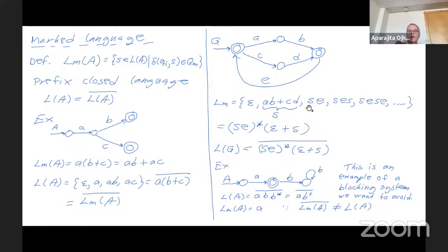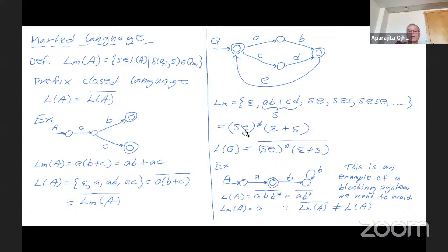I see here that, for instance, if you assume that SE star is just epsilon for simplicity, then we see that, okay, we have epsilon as one element, but you also have S as an element. So epsilon or S, they are two elements in your marked language.